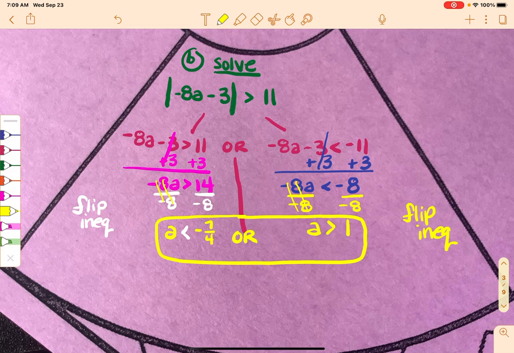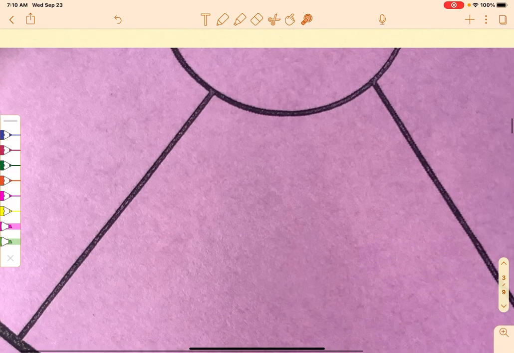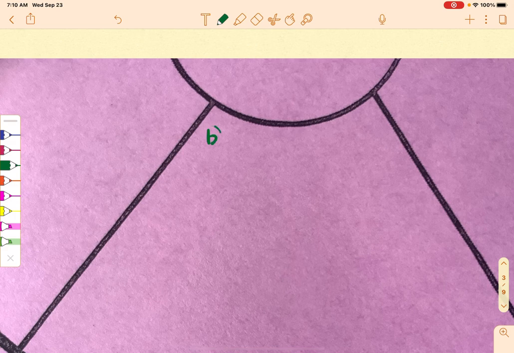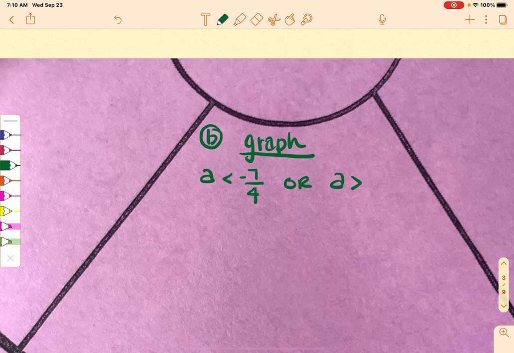Now, I'm going to go to the next spot to graph, and I'm going to take this part with me. So I'm going to do B, and I'm going to write graph here. And I'm going to bring my two inequalities. Okay, on my number line, the two numbers they care about are negative 7/4 and 1.